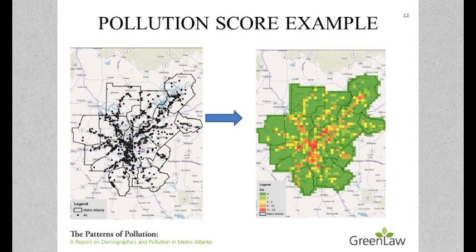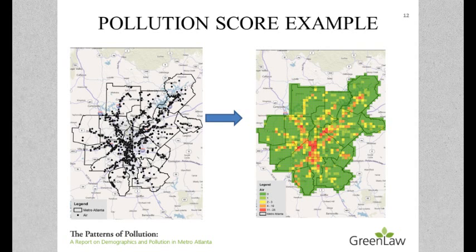That's what we're getting at. We repeated this process for all 8 pollution data sets, so we ended up with 8 layers that look like the one on the right, where all they are is a simple sum of the points within each block. And we took those 8 layers and summed them all together.